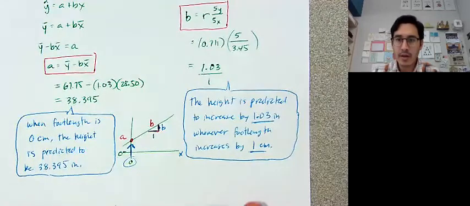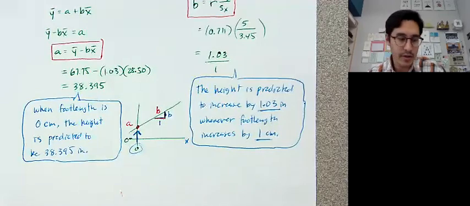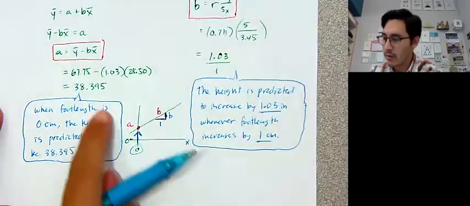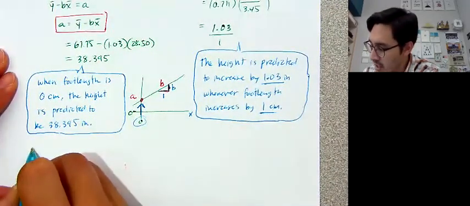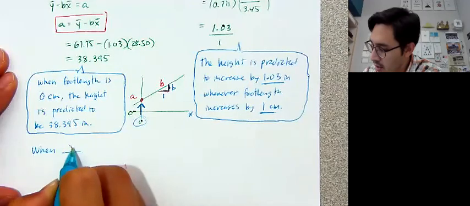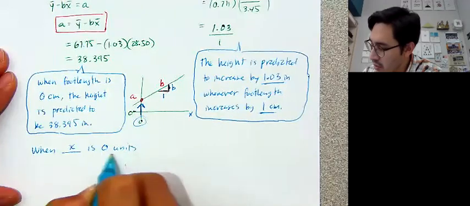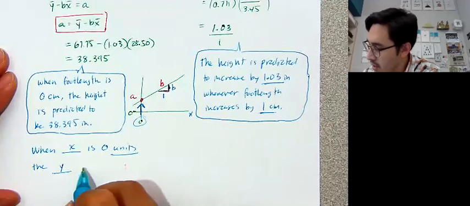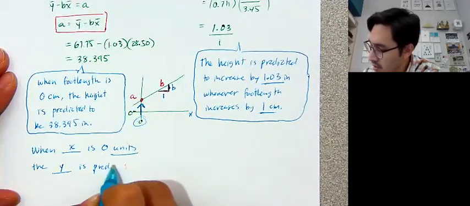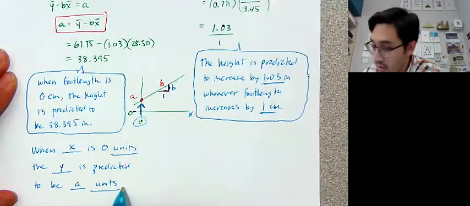All right, so here, let me give you some general sentence frames that you can use in any situation. I'll remove the context here and just write a general statement. So we could say, when x is 0 units, the y is predicted to be a units.